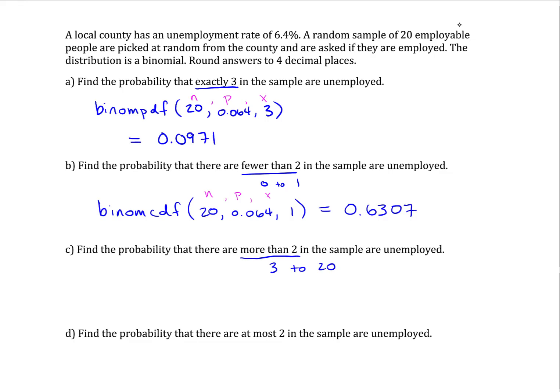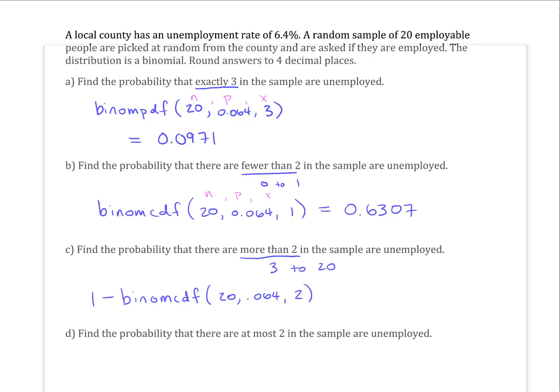It's just that it always does its counting up to what your last input is. So in this case, I could do binomial CDF 20, 0.064 and give 2 as the last input. So what that will do is it will add together the probabilities from x equals 0, x equals 1, and x equals 2. And if I subtract that from 1 and form a complement, then that would give me the sum from 3 to 20 instead.